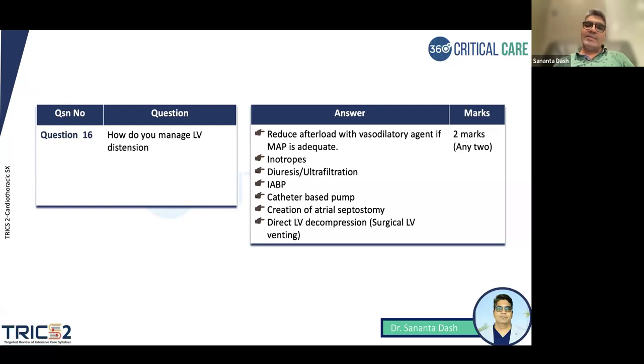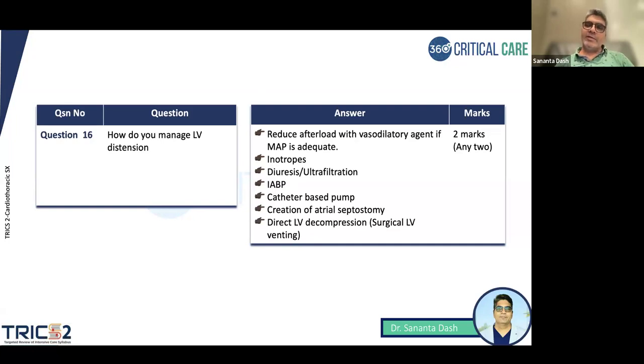If all these things are failing, then you can think of a catheter-based pump or an impeller type of device, or creation of atrial septostomy or left ventricular decompression measures such as surgical LV vent, right? So you need to talk about non-surgical approach and then surgical approach. That's how usually you do it in clinical practice.